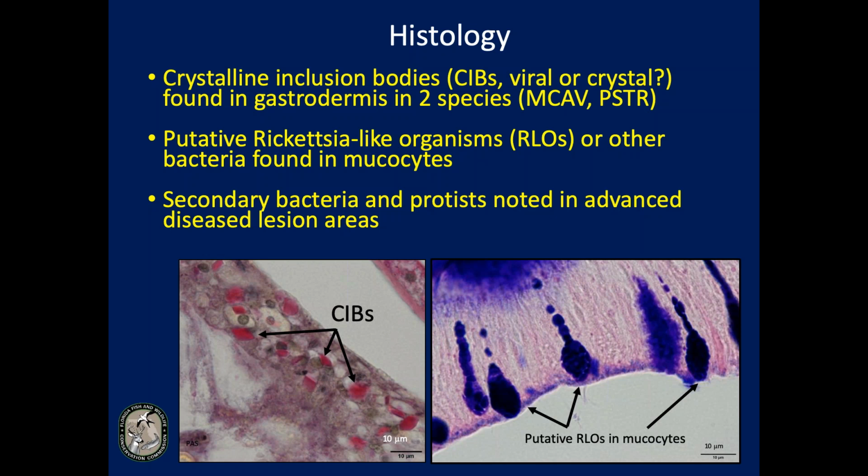In several species that have this disease, we've identified unusual crystal inclusion bodies that are found within the gastrodermis. These potentially may be viral in origin, but we don't know at this point in time. And we've also seen unusual bacteria within the coral mucocytes. If we look at colonies that have very rapidly advancing lesions, there are also a number of bacteria and other microorganisms that have been identified within the surface tissue layers.